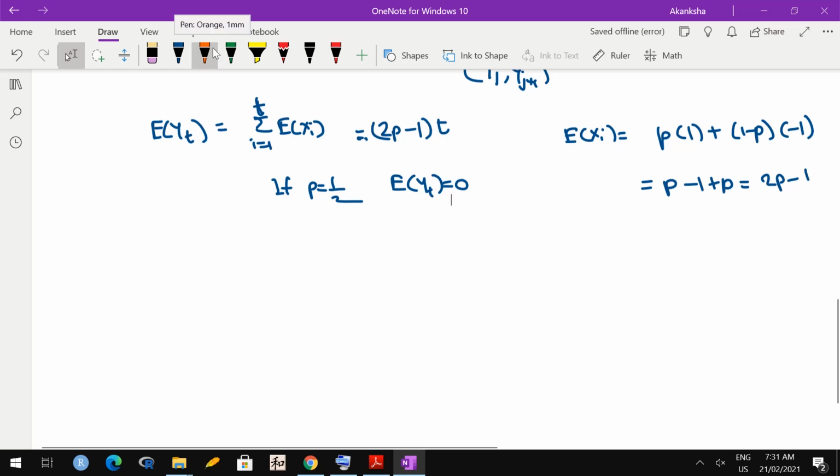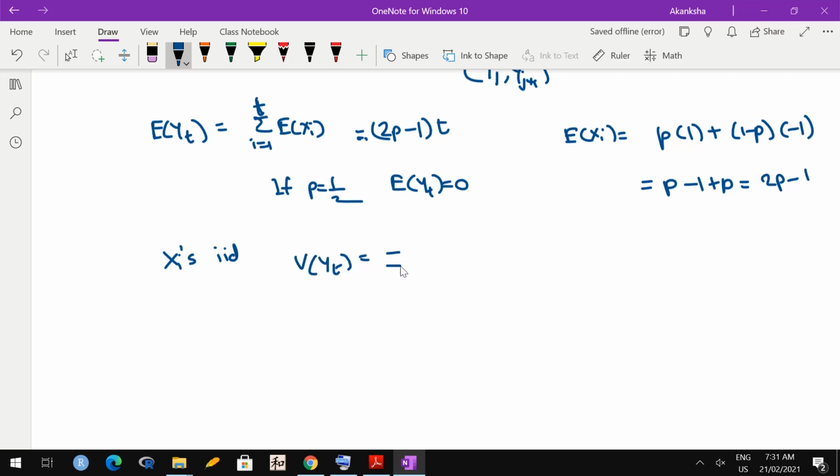Now when you define a random walk, you assume that your Xi's are IID. So the distribution of each Xi is the same and they are independent. So when I want to compute the variance of Yt, I would just have to add the variances of individual Xi's. So what can I say about the variance of an individual Xi?